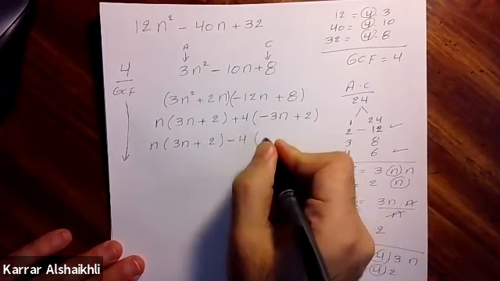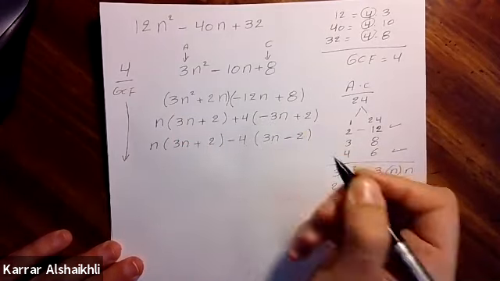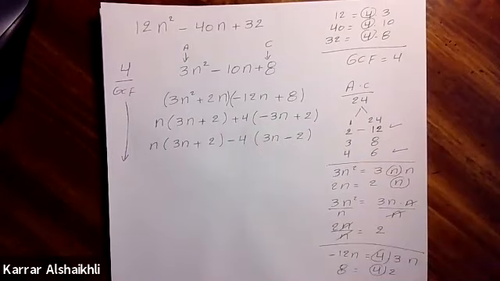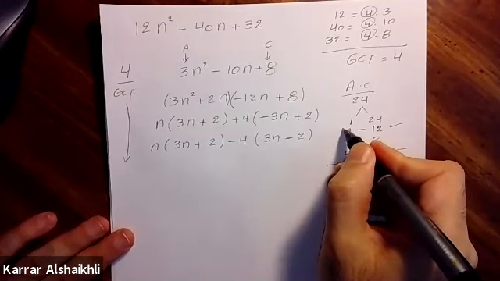So negative is going to be positive, and positive is going to be negative. Now, do we get exactly the same parentheses? No, that means I can't use this option.